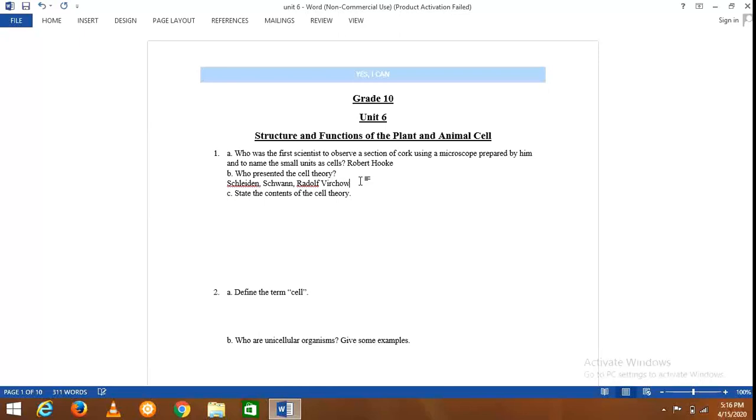That means the cells in our body or the cells present in all the living organisms have different functions. If we take examples from the human body, the neurons or the nerve cells are responsible for the transmission of impulses.